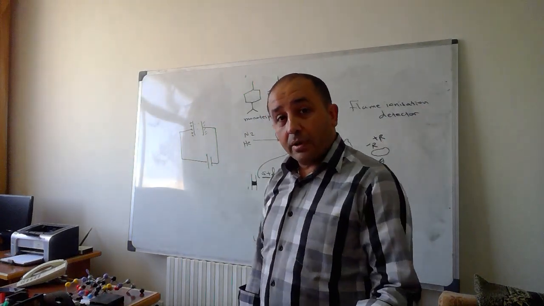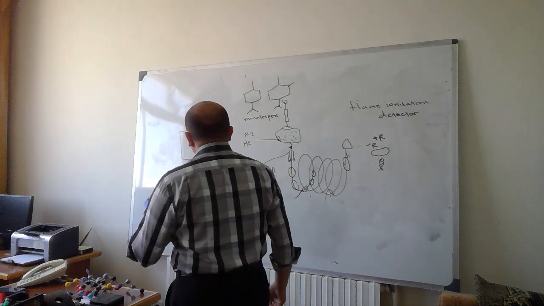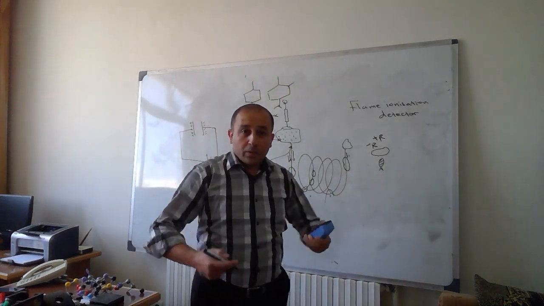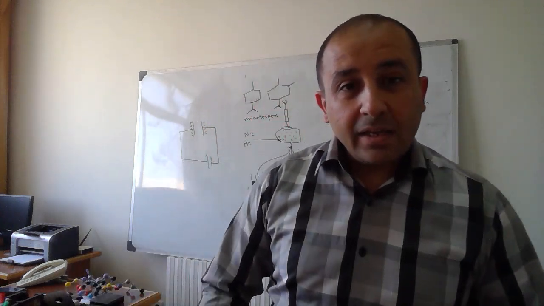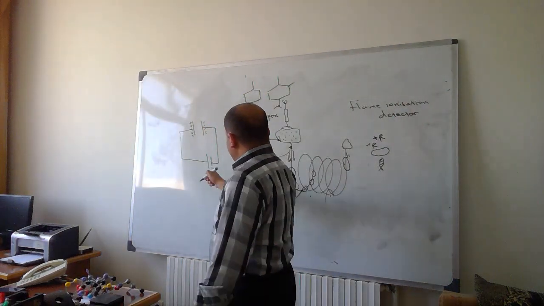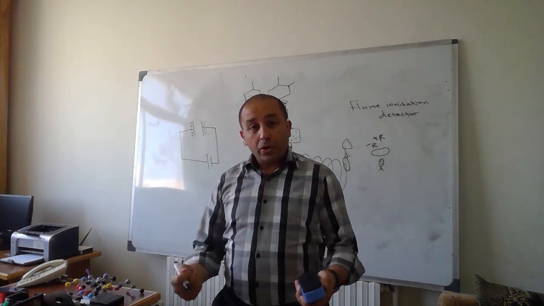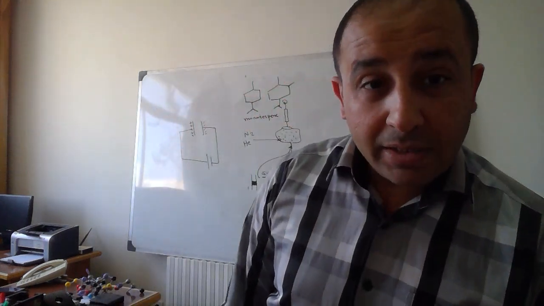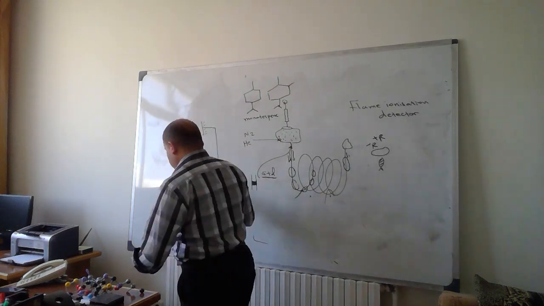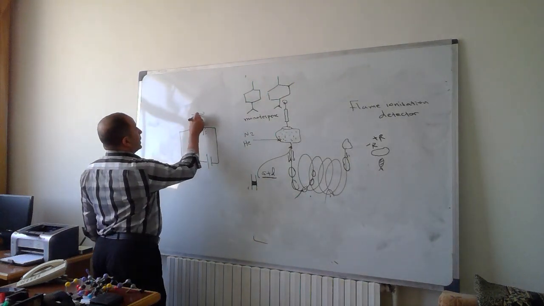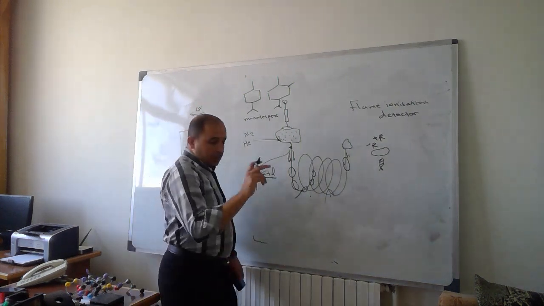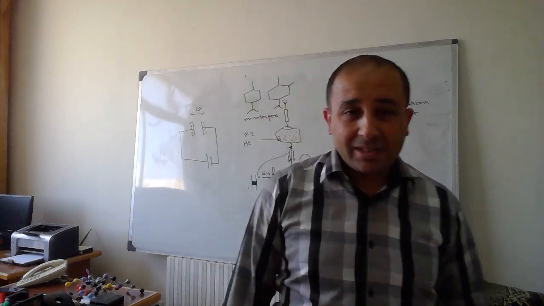The same thing goes for charge. Once you put opposite charges here, driven by the force of the battery, we will have voltage between the two plates of the capacitor.